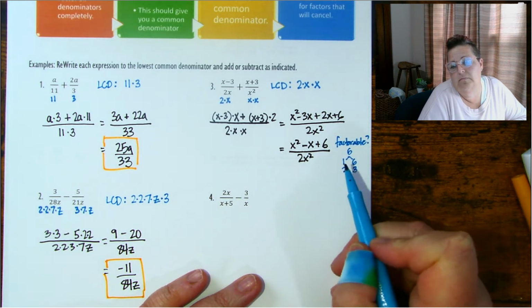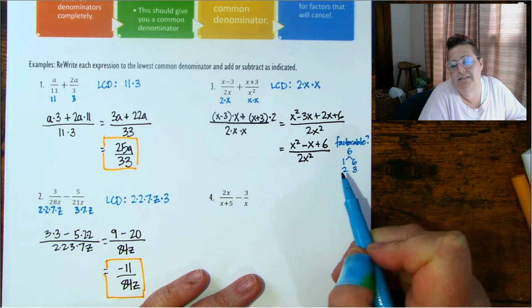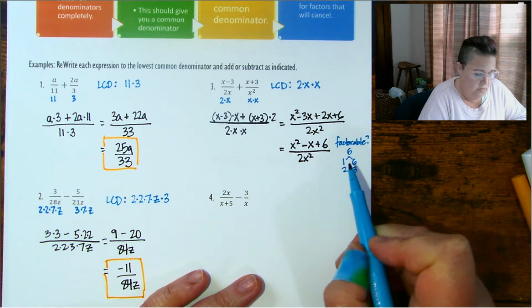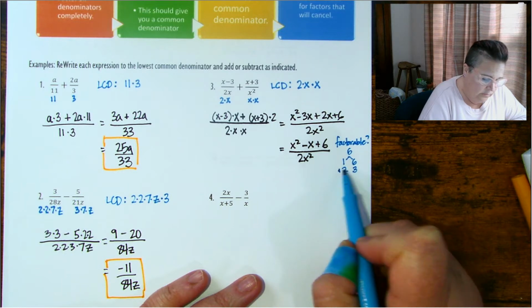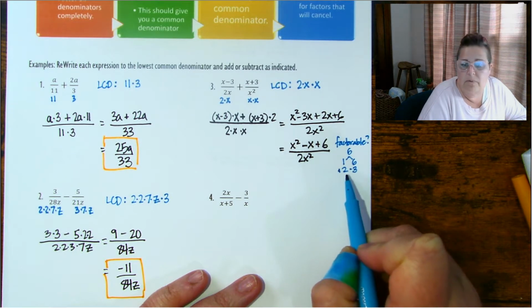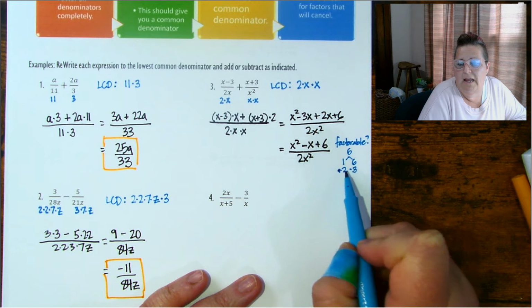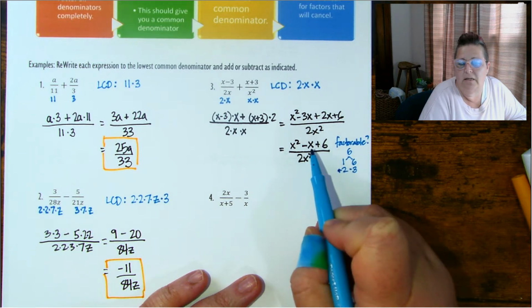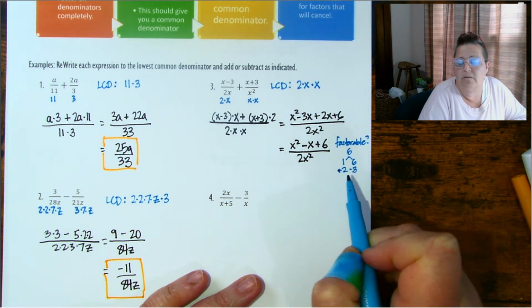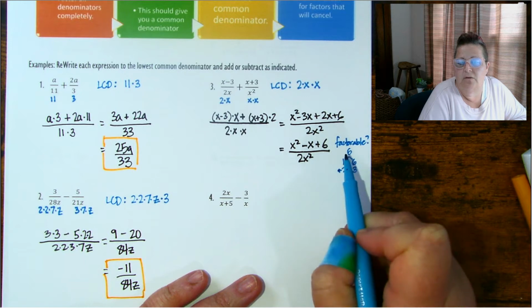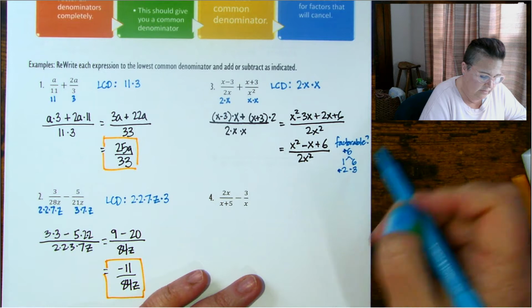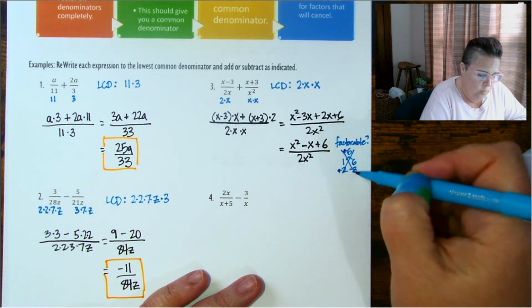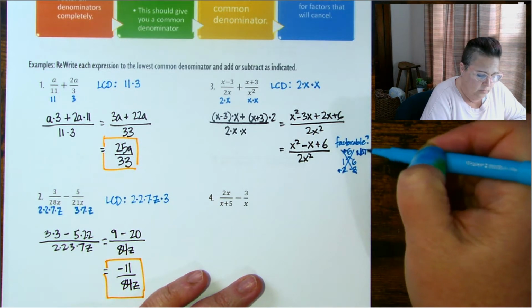Well, 2 and 3 does have a difference. So I would think maybe a positive 2 and a negative 3. But the problem is, when I add 2 and negative 3, I do get a negative 1. But when I multiply these two together, I don't get a positive 6. This is supposed to be a positive 6. I would get a negative 6. Since this would not work, this is not factorable.